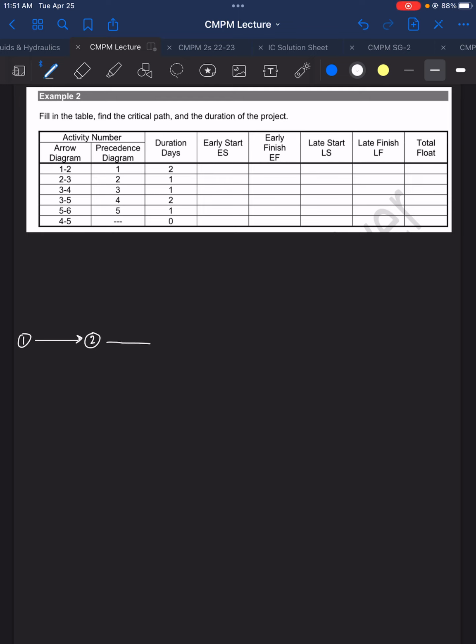I prefer that the activity should have a letter on it rather than a number. And then we have here 1, 2, 3. So we have here the arrow 1, 2 to 3.